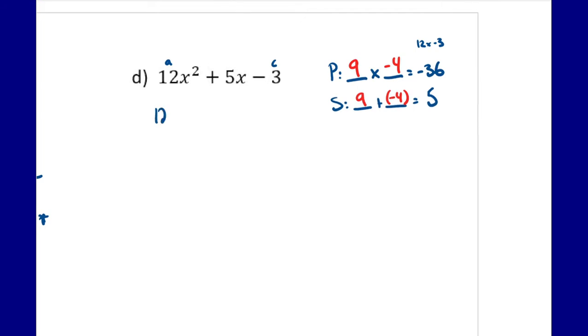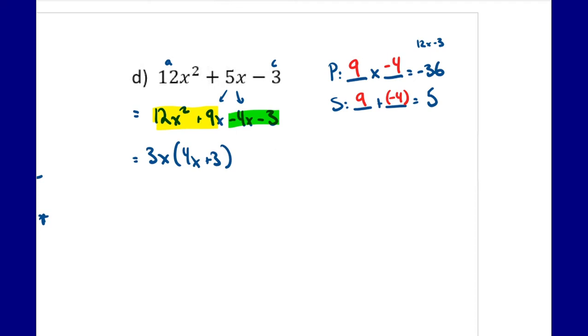That means I can go through and break down that middle number into those two terms. So 9x minus 4x minus 3 at the end. And now I'm going to factor by grouping. Look at the first two terms, look at the last two terms. Common factor between 12x squared and 9x is 3x. Left with 4x plus 3.